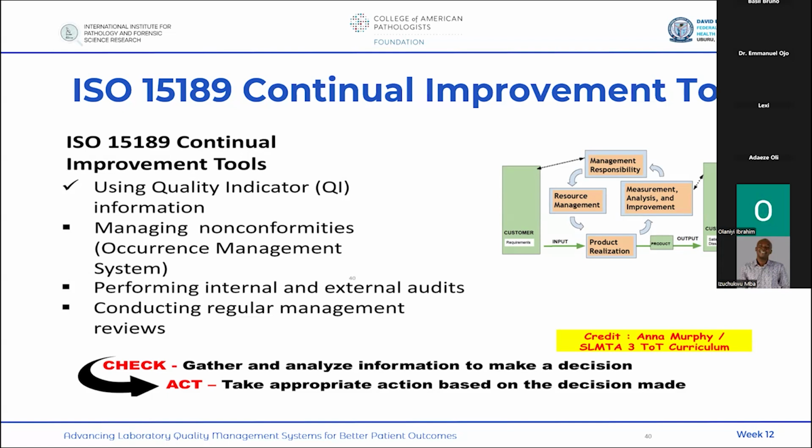When we started the SLMTA program, sometime in 2009, as a country, we had a lot of labs that took it as, oh, it's a new concept. We're working, providing the necessary activity, the documentation.